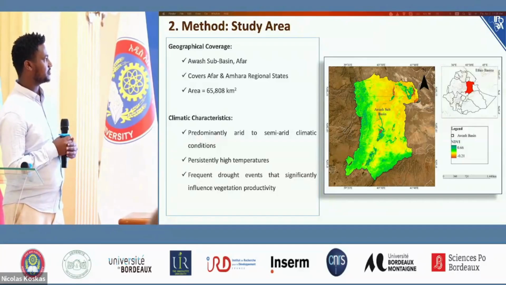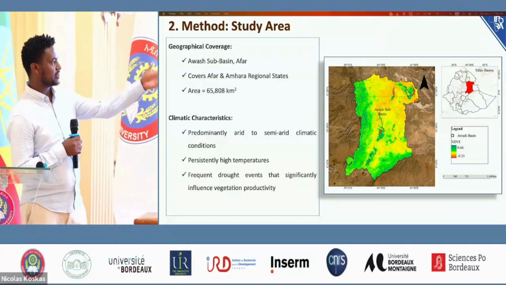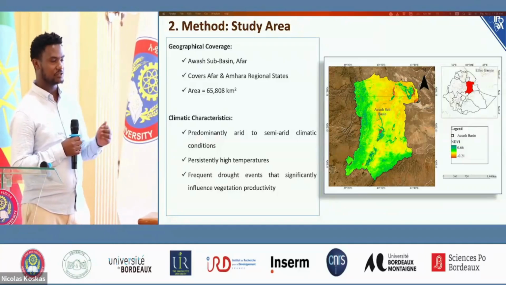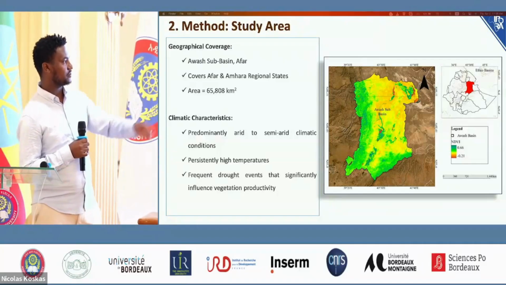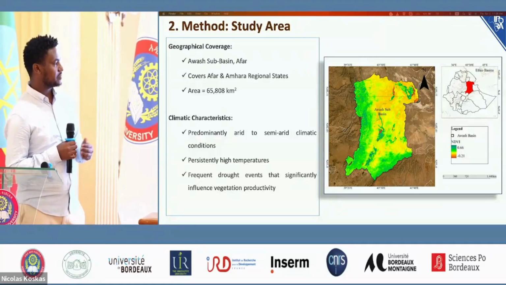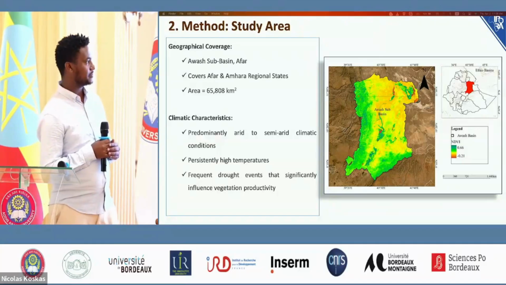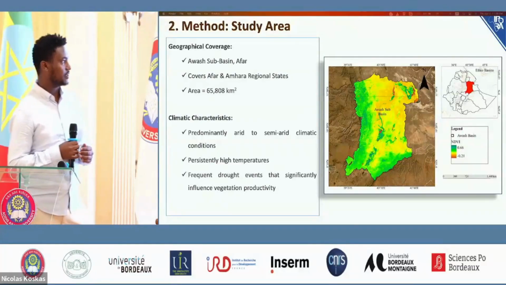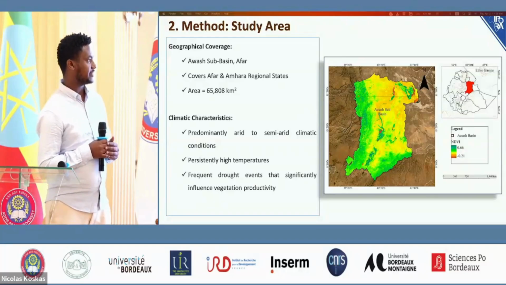The area is approximately 65,000 square kilometers. As you see, the area is represented by the normalized difference vegetation index, which shows vegetation greenness values. Most of the lowland areas are semi-arid regions with low NDVI; the green represents higher vegetation greenness values, and the yellow represents low or non-vegetation areas.